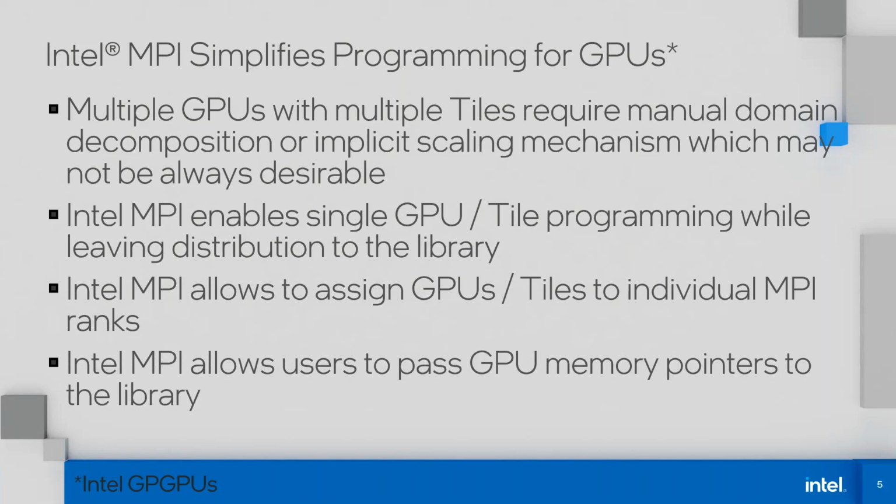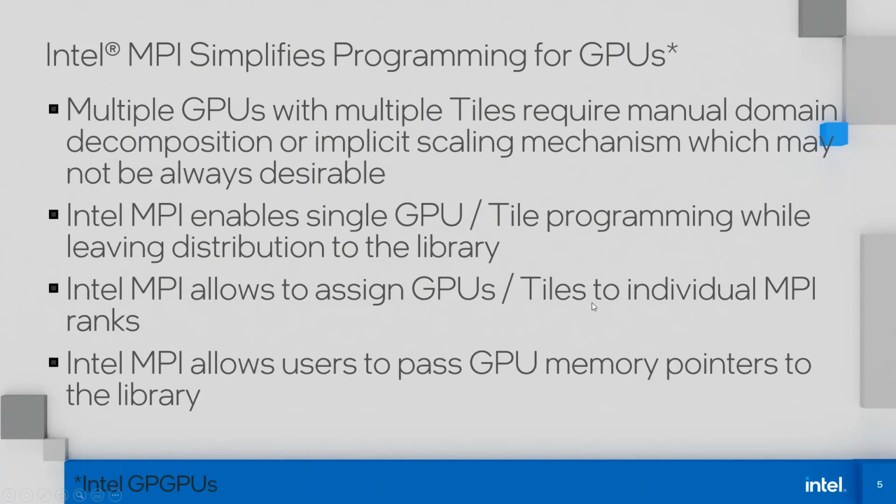So how can Intel MPI help here? Intel MPI enables single-tile GPU programming. It means that you need just to focus on a single tile and leave everything else to the MPI library. Intel MPI can assign GPU devices to individual MPI ranks.